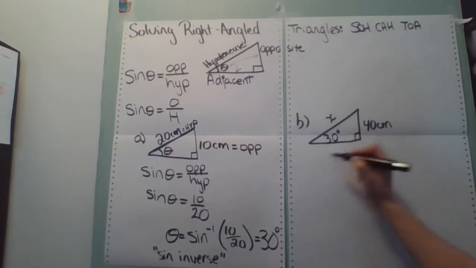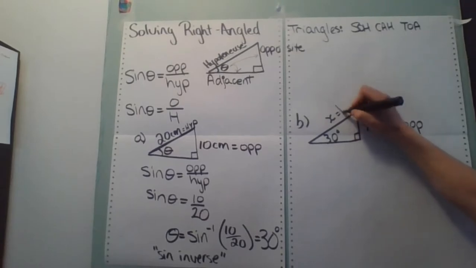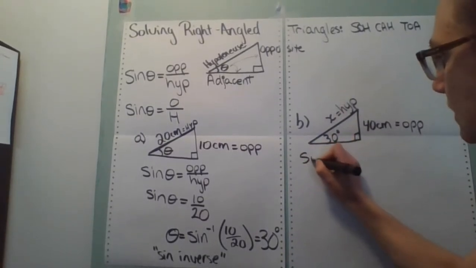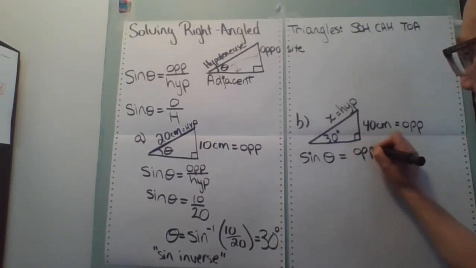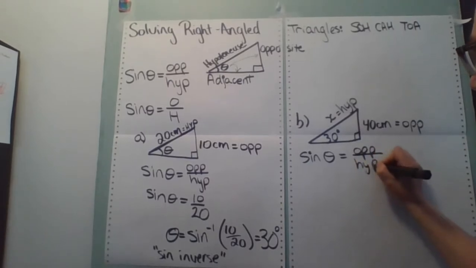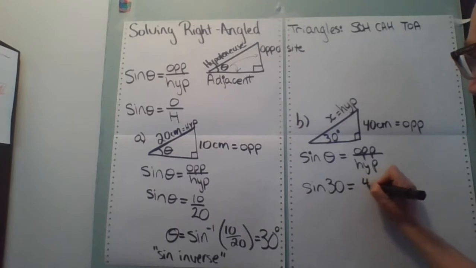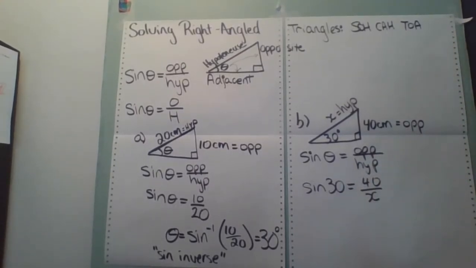Well, we can figure this out. Again, this is still my opposite side. This is still my hypotenuse side. So that means I can use my ratio of sine angle is opposite over hypotenuse. So I've got sine of 30 degrees is 40 over x. Now here's where I often see a lot of creative solving by students.